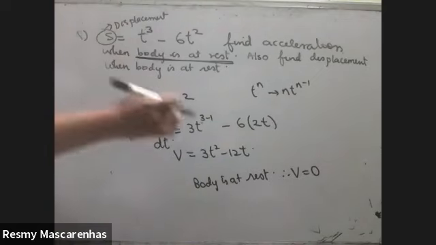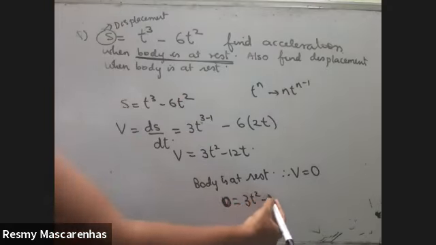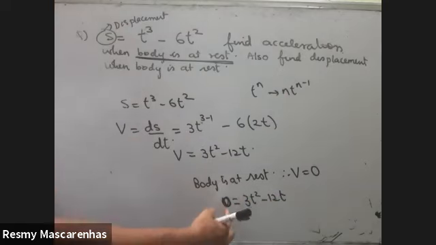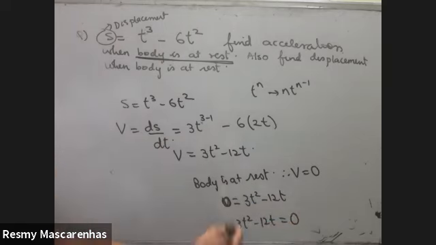So v equals to 0 means put v as 0. And now we have to solve this equation. You can write it the other way also. 3t square minus 12t is equal to 0. You can write 0 on this side also, no problem.